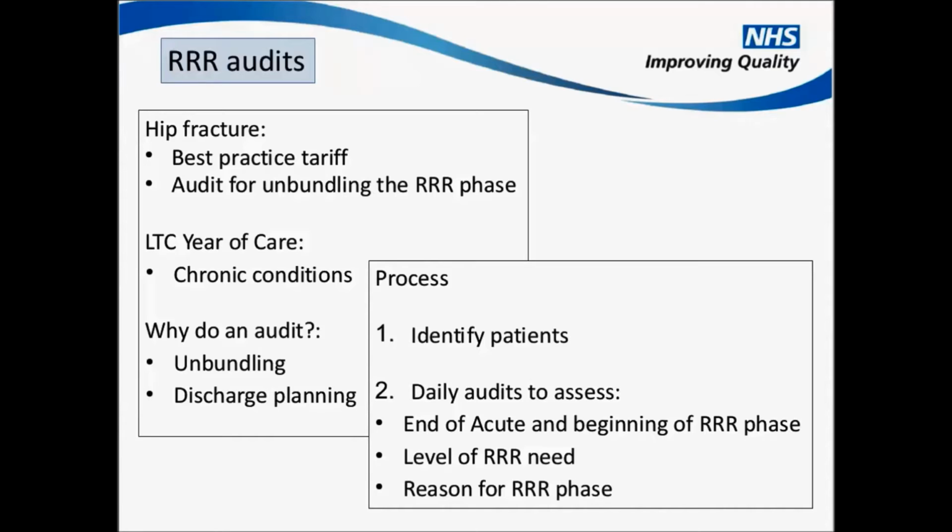Locally, they were looking at it in a slightly different way. They were more particularly interested in how the audit might support discharge planning. They're also interested in unbundling the tariff, but as we see it, they didn't conclude that that would be a major part of the way they want to move forward, but they found the audit particularly useful for understanding their discharge planning process.